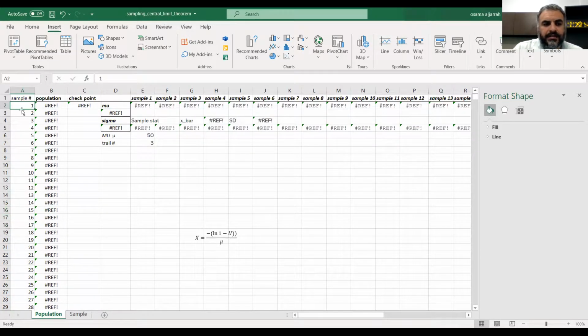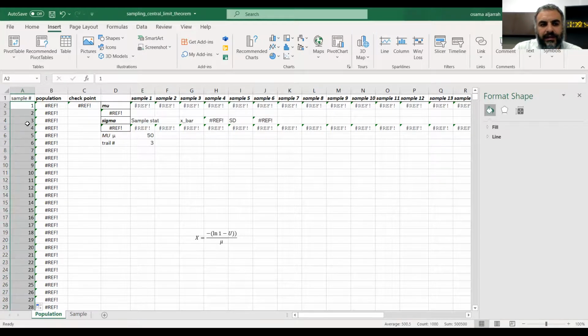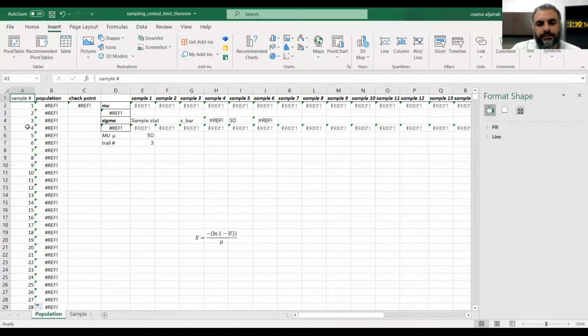The easiest way, let's assume we don't have this column yet, is to highlight the first cell, put 1, go to the next one, put 2, then highlight both cells and hover around the corner. When you see the cross, just double click it, then press Control down and see it's 1000. So we have a population of 1000.